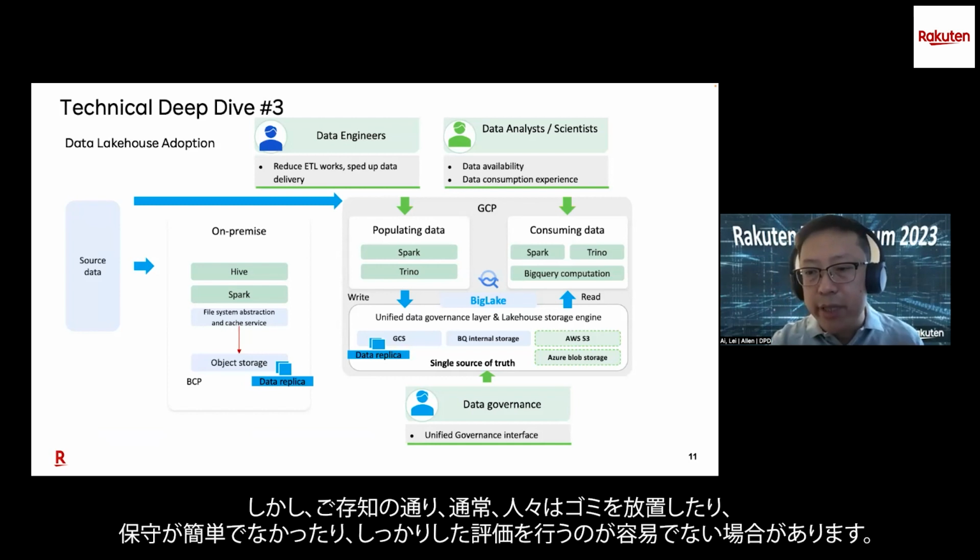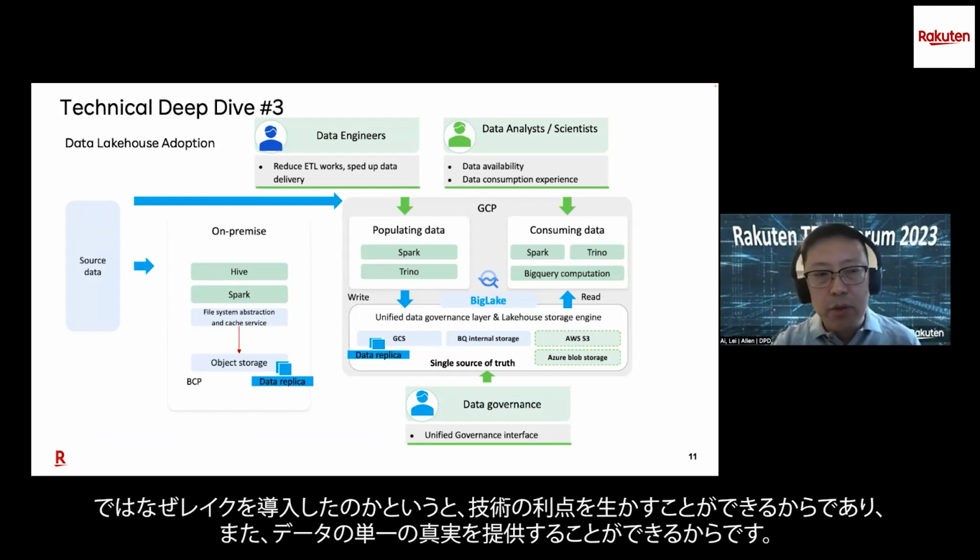Then we introduced the data lake. It is open, but people usually dump a lot of garbage into it. It is not easy to maintain, and not easy to do data quality assessment and data governance, right? So we introduced the lakehouse to combine the benefits of these two technologies, and also to provide a single source of truth.